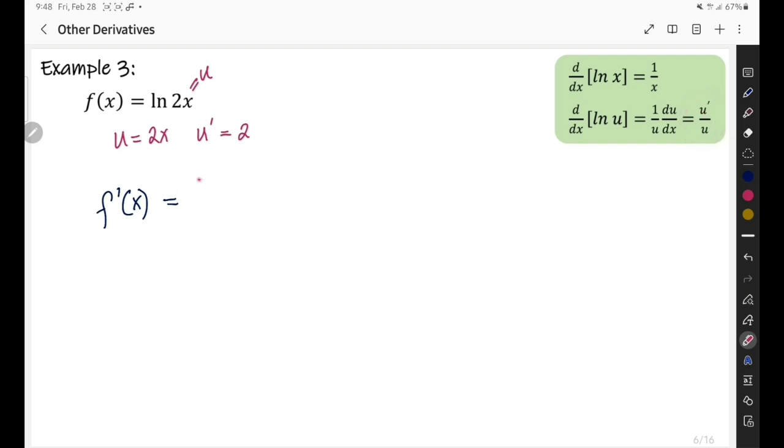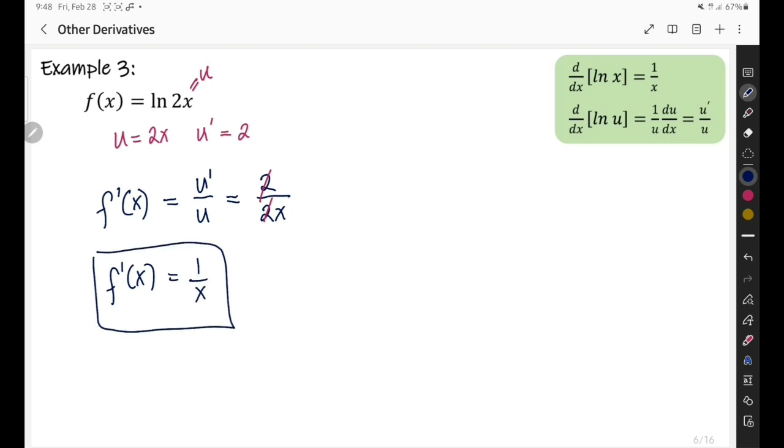So I'll just write that one, u prime over u. So we have u prime is 2 over u, 2x. Okay, and then we cancel this. So in that case, your f prime of x is equal to 1 over x.